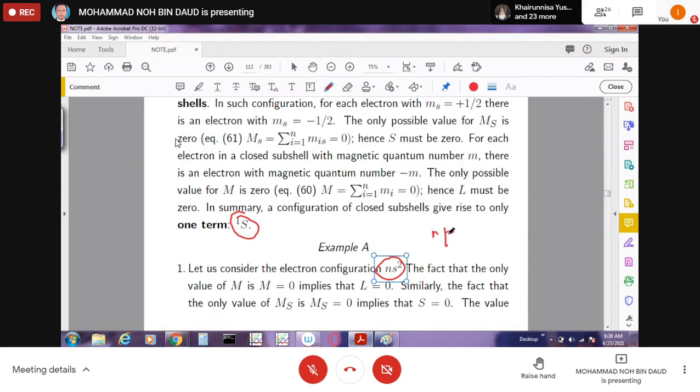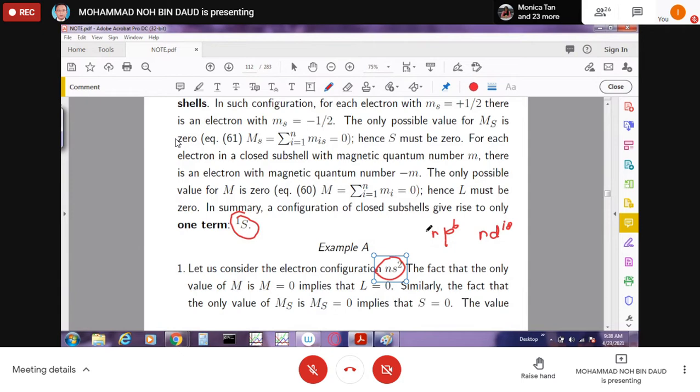And also the p6 and d10, this is also the equivalent electron.